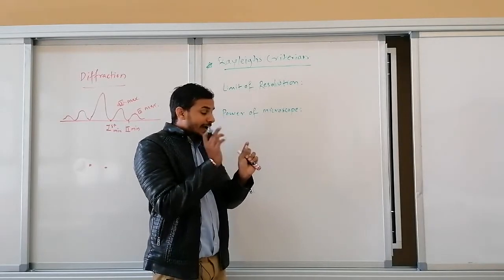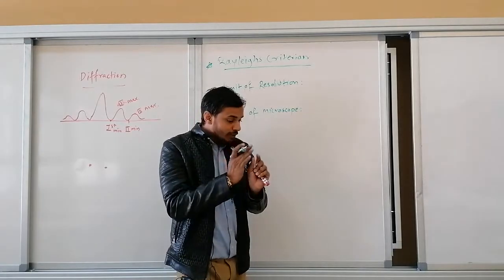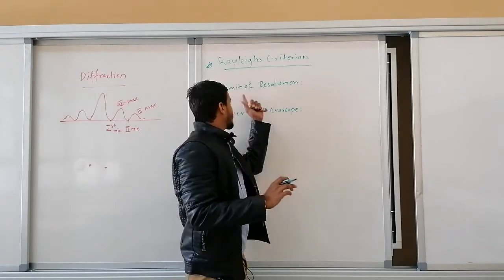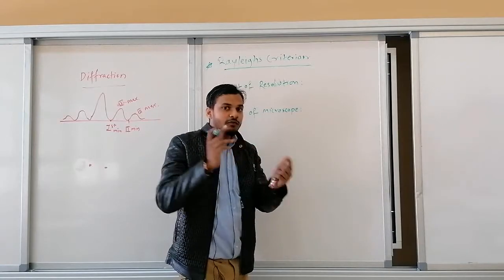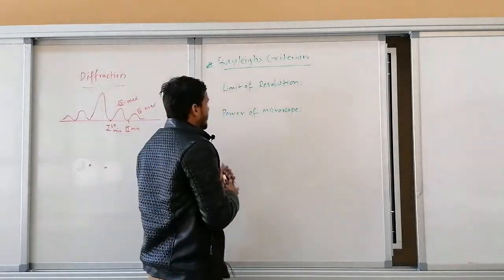The distance at which you are able to see them as distinct is called the limit of resolution.